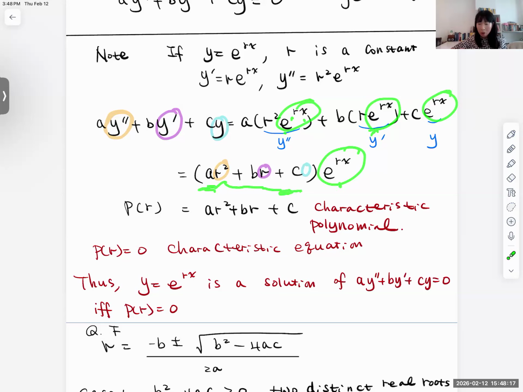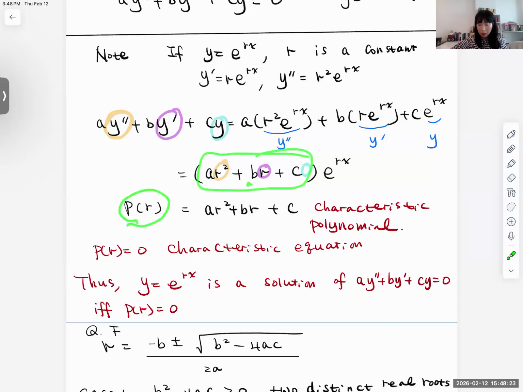Now we set this as P of r, because we can see r squared, then r, and r to the zero power are decreasing. We call this the characteristic polynomial.